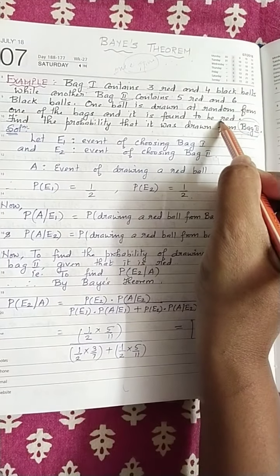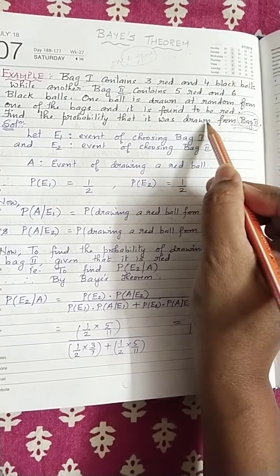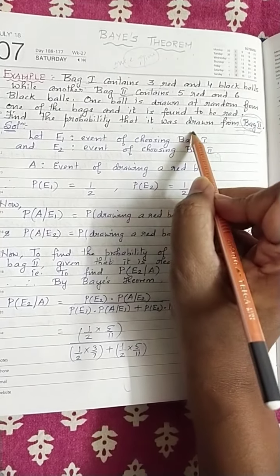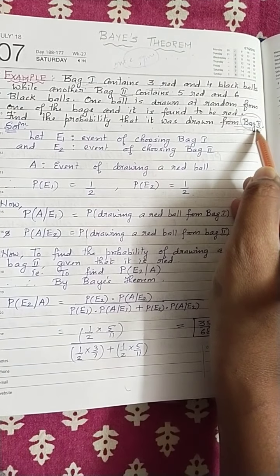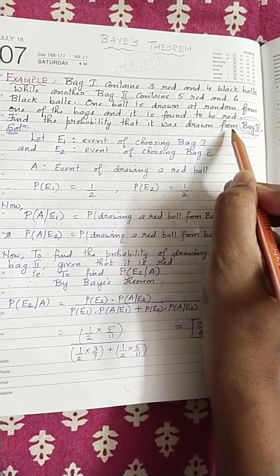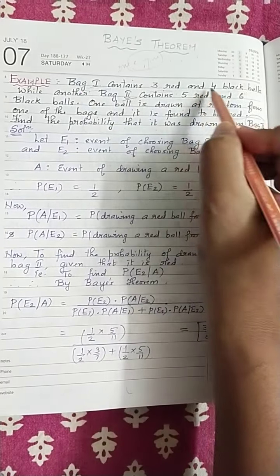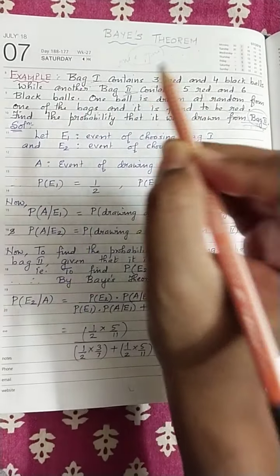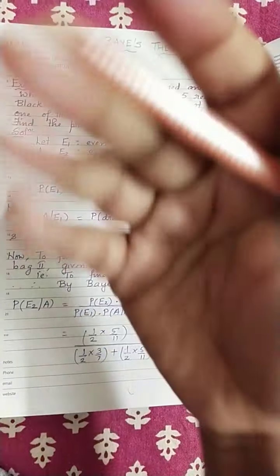The color of the ball has already been given in the question, and finally you have to find from which bag it has been drawn, that is, the probability that it was drawn from bag 2. Here, only in the final stage will we be using Bayes theorem, but before that, with the help of the given information, we have to find certain normal probabilities which we have been doing so far.